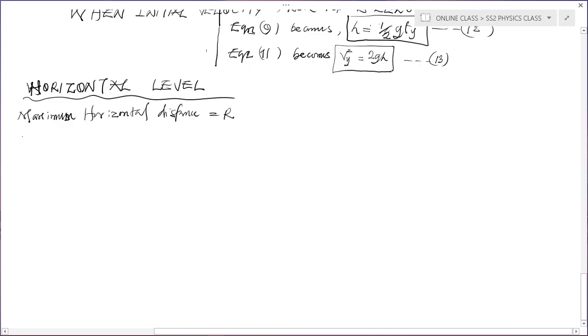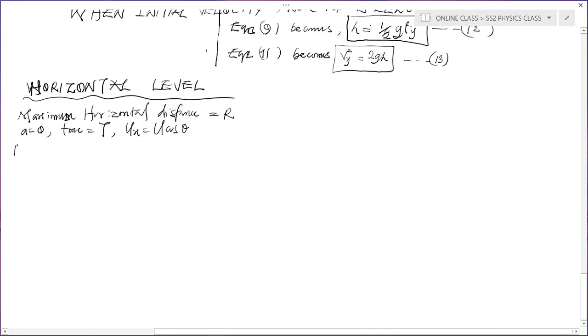Here we take our R, our a here is 0, no acceleration due to gravity here. Our time is time of flight, that's T. Then our ux is equal to u cos theta. Don't forget it is on horizontal level.